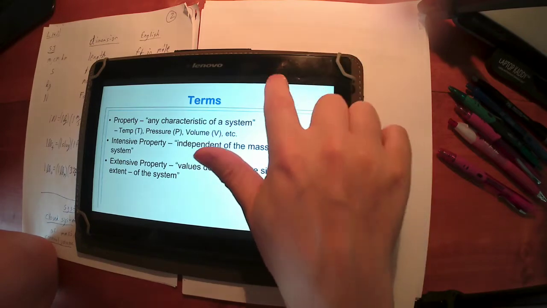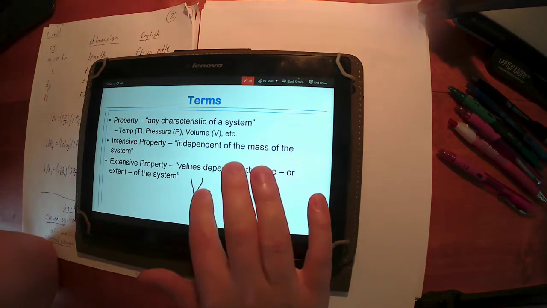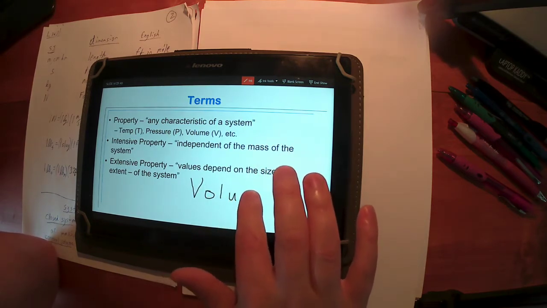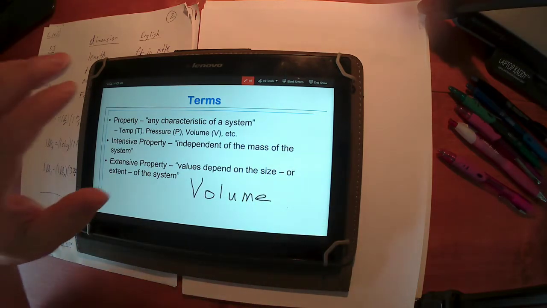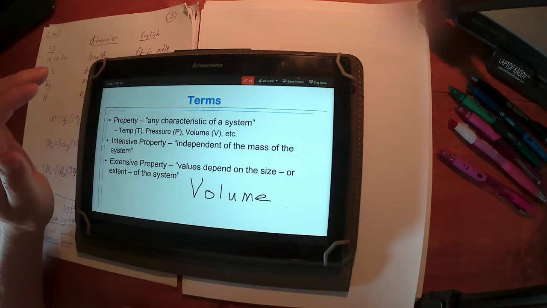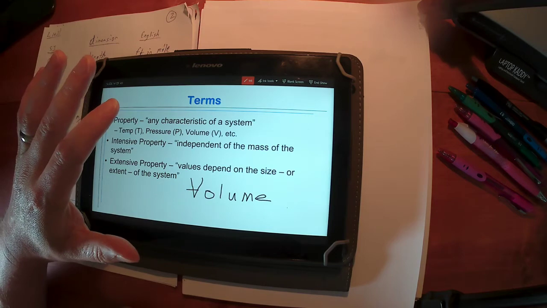One property I've changed is the volume. Wow, I should write right-handed on these slides more often. Volume. Now, that depends on the mass or the amount present, the extent of the system.